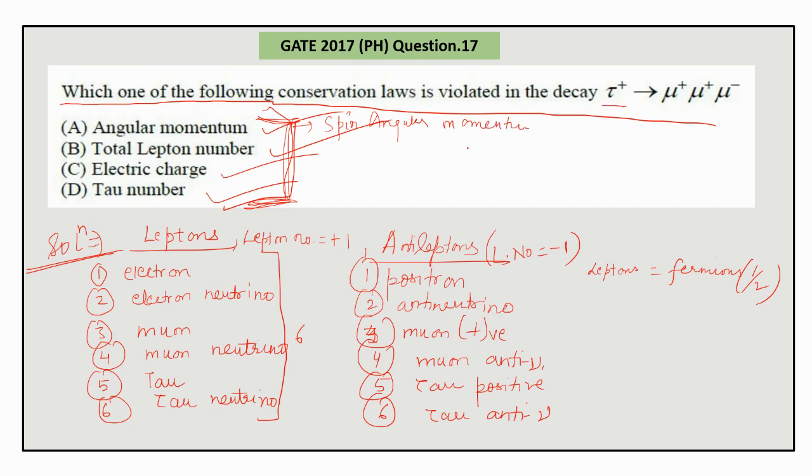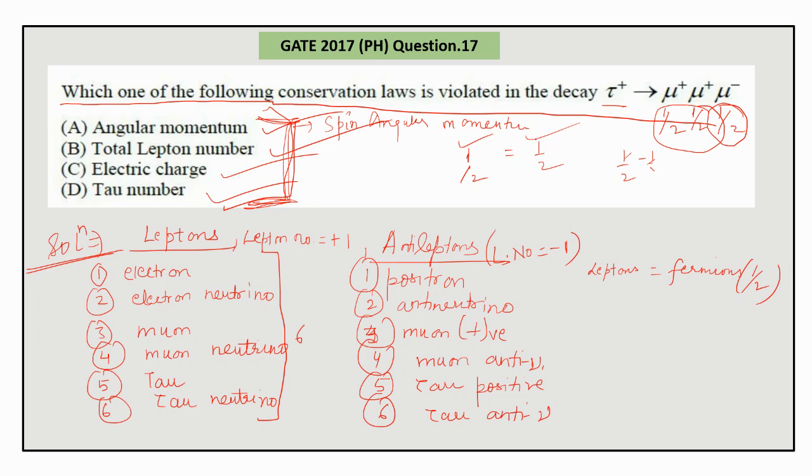Here you can see tau is a fermion, so spin half. These all three are spin half particles. Suppose these two spins are anti-parallel, so they will cancel each other. We are left with one spin half particle. So in this way, left hand side is equal to right hand side for one combination.